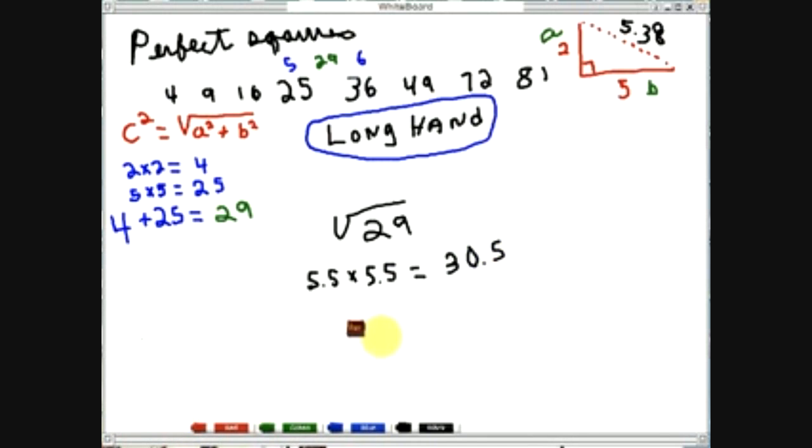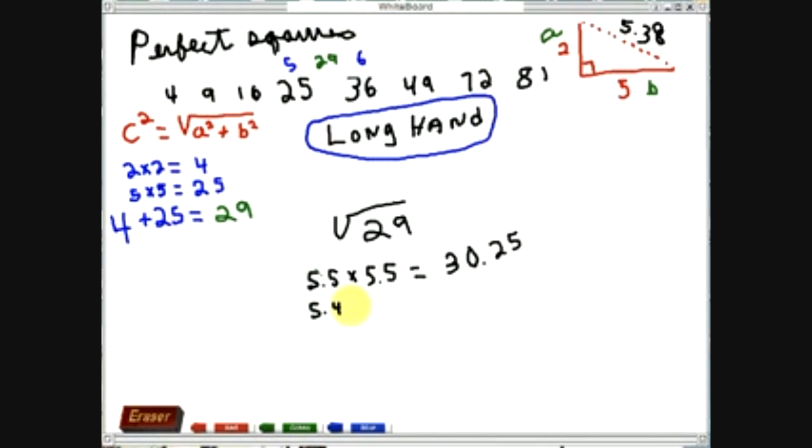Okay, 30.25. Let's erase that out. I'm drifting away here. 30.25. Well, we take a look and we say, okay, that's greater than 29. So let's try the next number lower, the next decimal point lower. So we'll go 5.4.